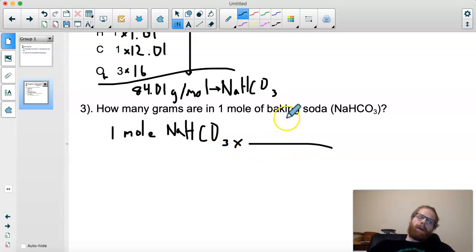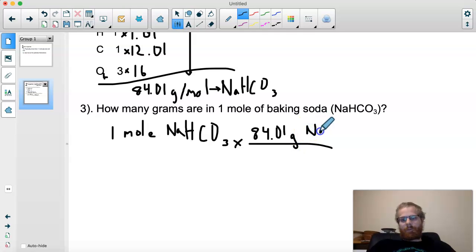And what we're going to do is use our molar mass to convert it into grams. So our molar mass is 84.01 grams of NaHCO3 per 1 mole of NaHCO3.